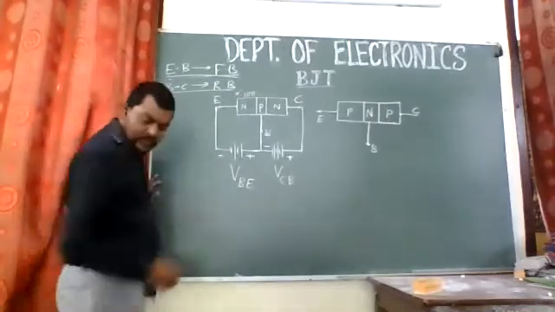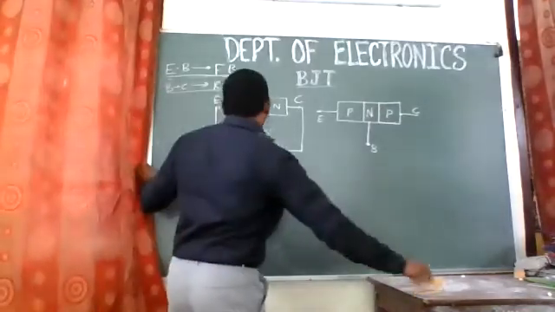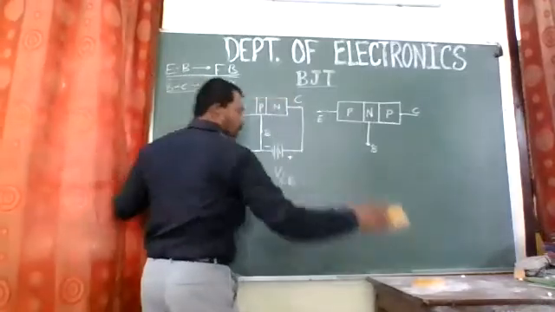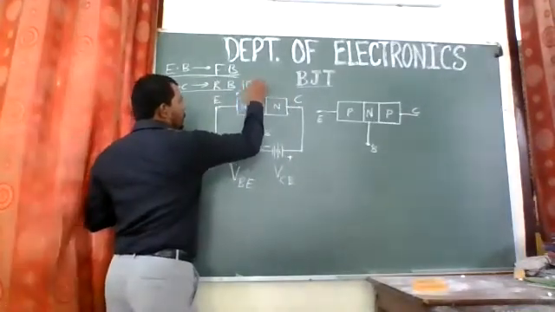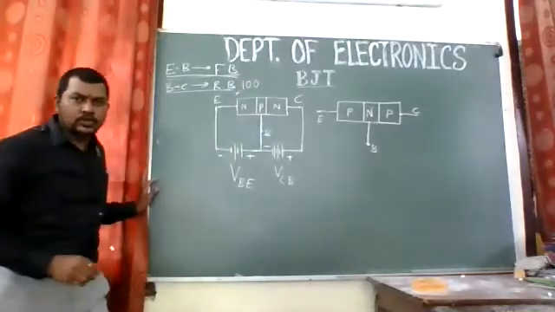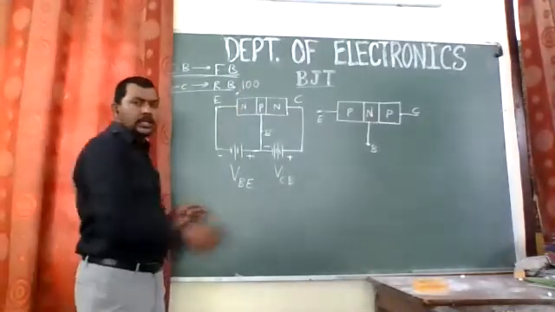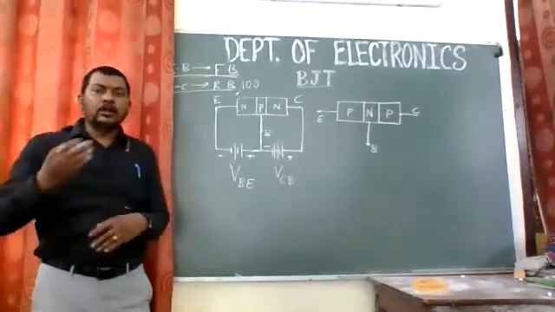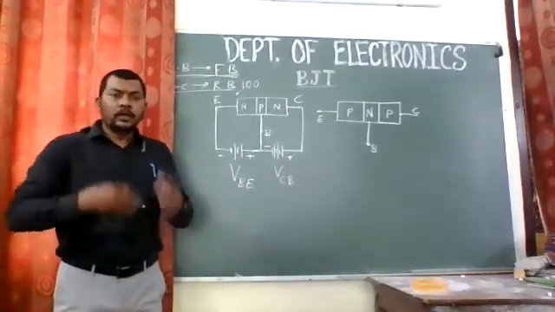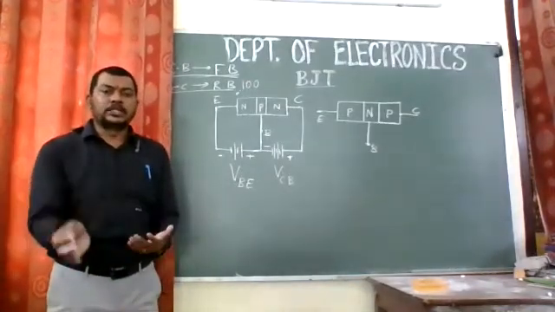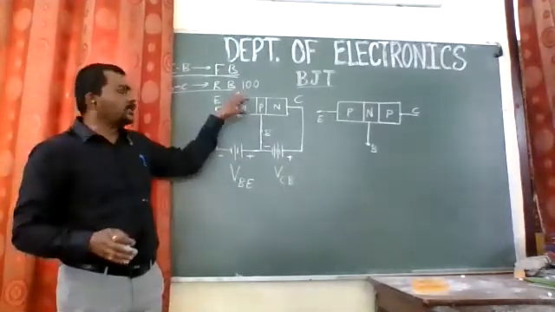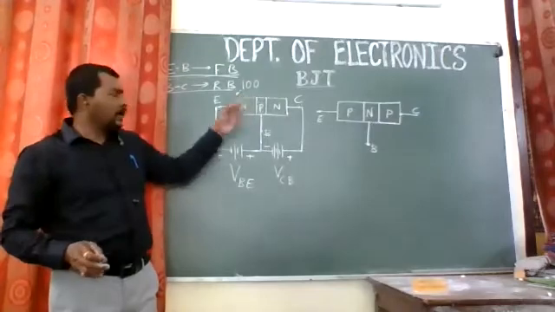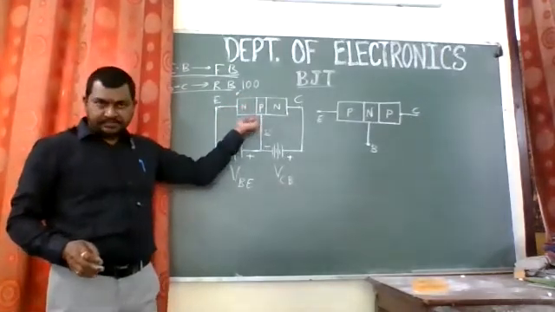I'll write it in a bigger font. Just like a percentage, there are many millions of electrons present in this portion, and we have a junction over here.